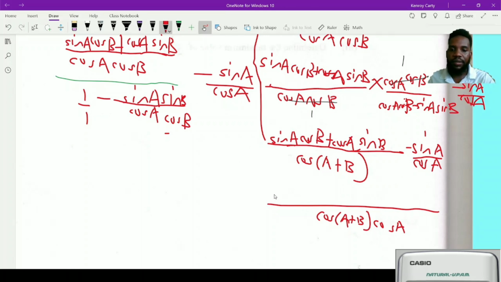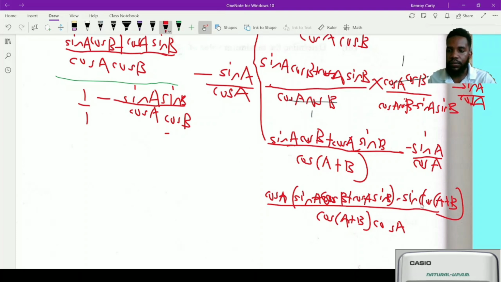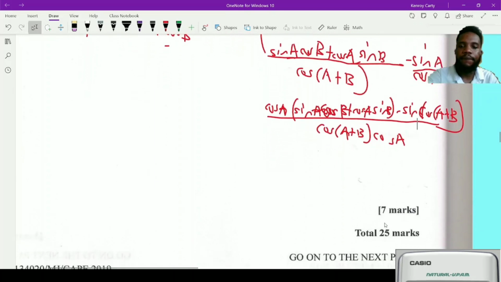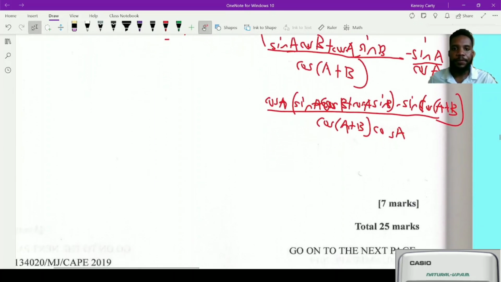So what I'm going to have here, let me just put it here for now: cosine A, sine A, cosine B, plus cosine A, sine B, minus sine A times cos of A plus B. Let's make some sense out of this now.